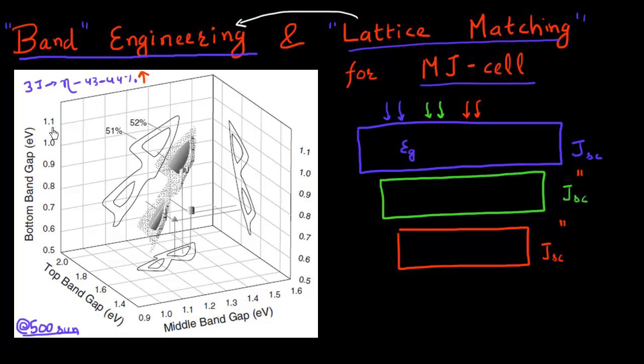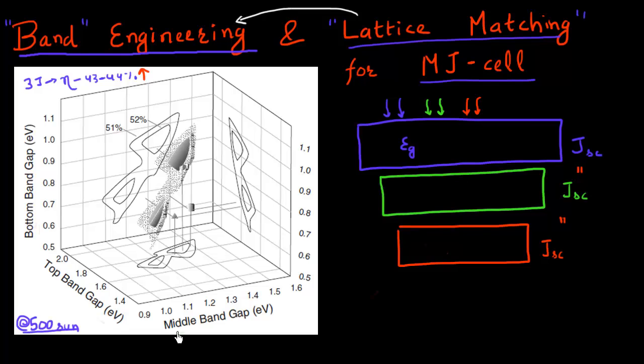So in an ideal world, if I do that calculation taking the spectrum of the sun, what I get is this contour plot, plotted as a function of the band gap of this material at the top, which has the highest band gap, then this material in the middle, which has the intermediate band gap, and this material at the bottom, which has the lowest band gap.